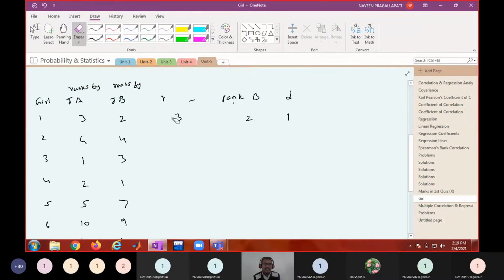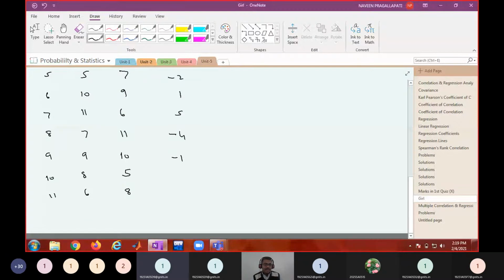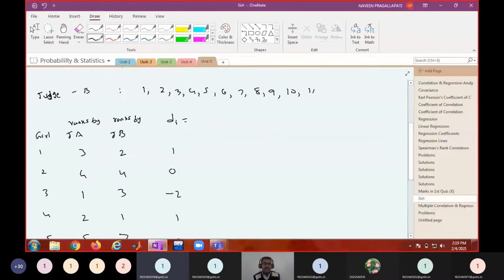Now I don't need these additional columns. Directly I can compute Di. Di equals 1, 0, 1, 1, 0, -2, -1, -2, -2, 1, 5, 4, -4, -1, 3, -2.